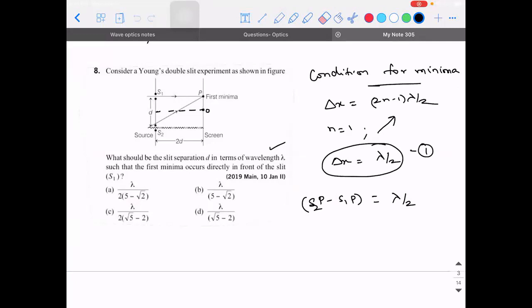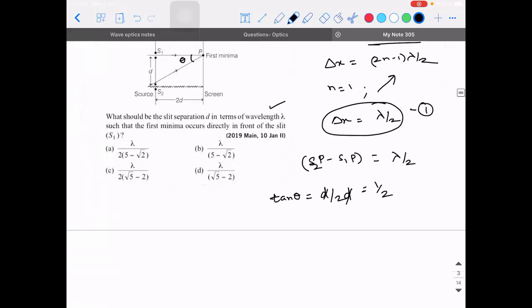That S1PS2. You want to take this as theta. Yes. So d divided by 2d, so tan theta is half. Okay, S2P minus S1P, what can we do?